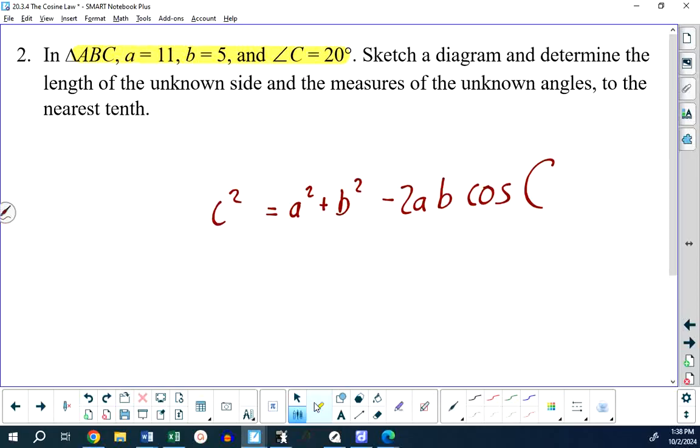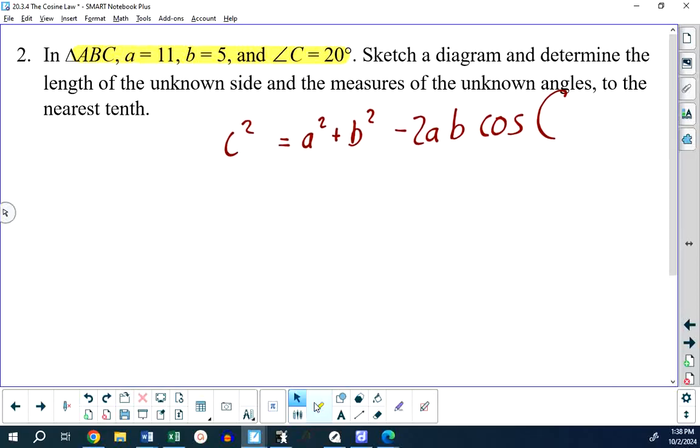However, let's draw this because some people will benefit from it. And as well, we have to find the other angles, so we might as well get a good picture of it. I would tend to draw this as if I were setting it up with the ambiguous case. I would draw this to be 11. I know the angle is 20 degrees. That's a pretty shallow angle.